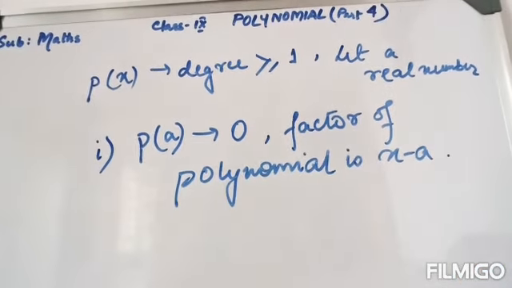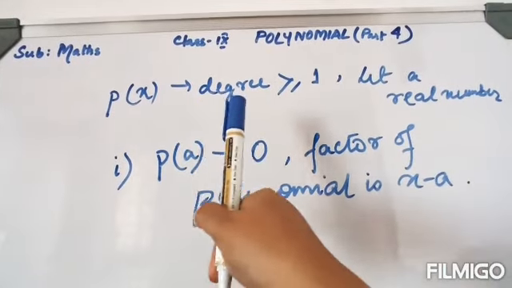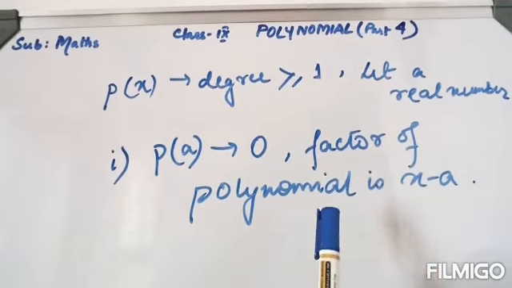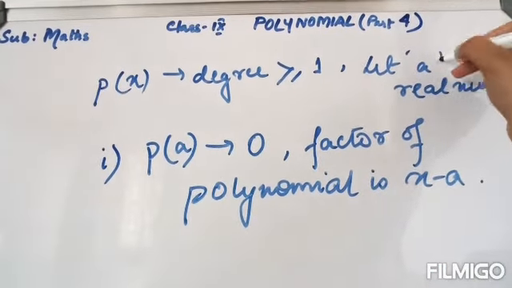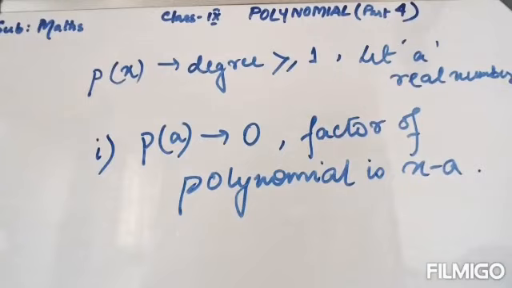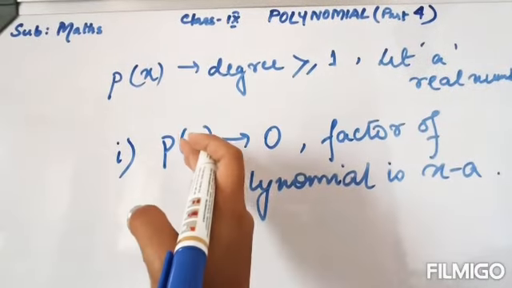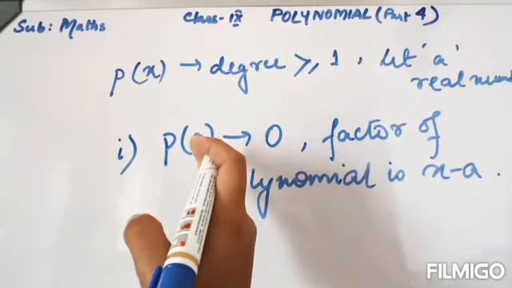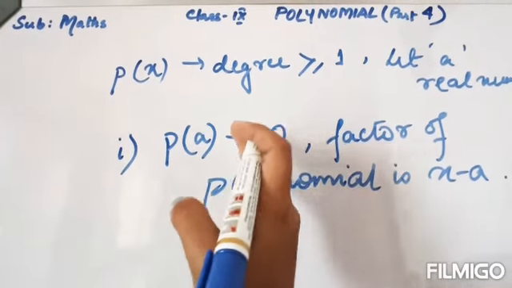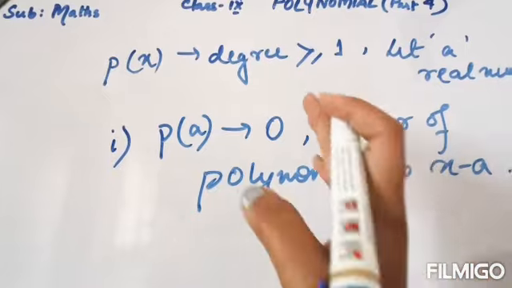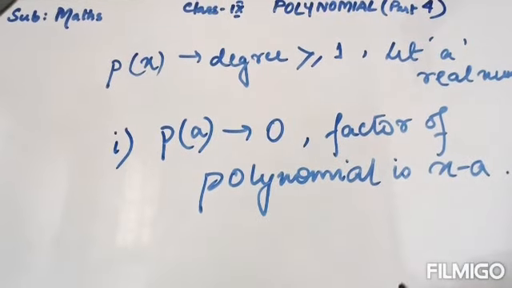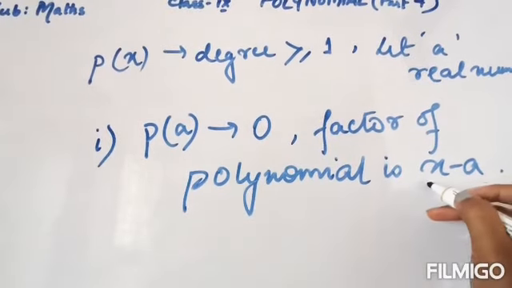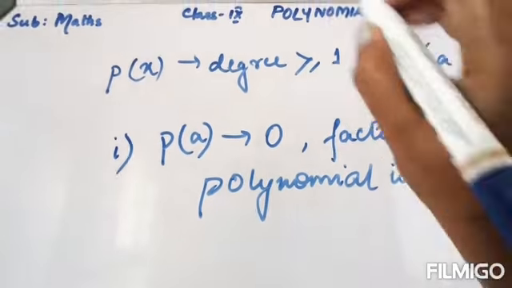So if p(x) is a polynomial of degree greater than or equal to 1, and a is any real number, and after substituting a in place of x the value of the polynomial comes as 0, then the factor of the polynomial will be x minus a.